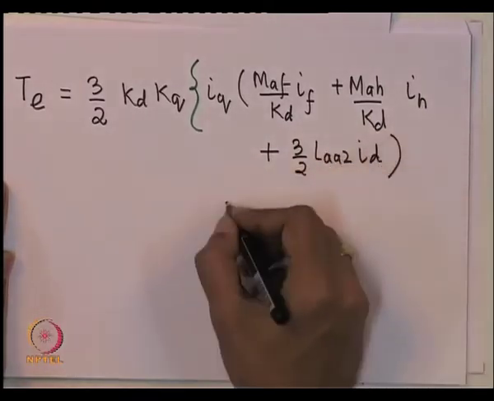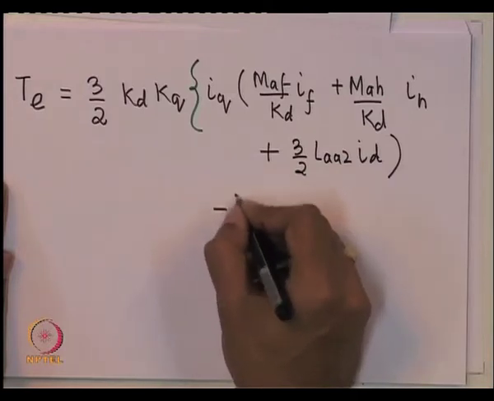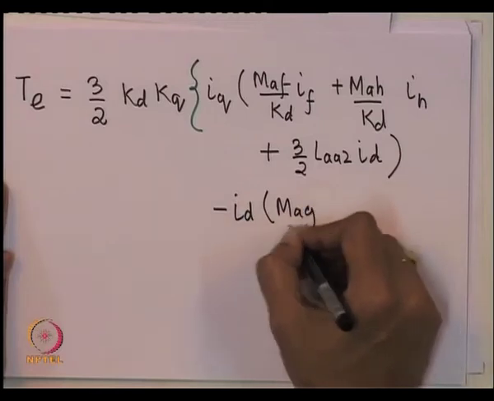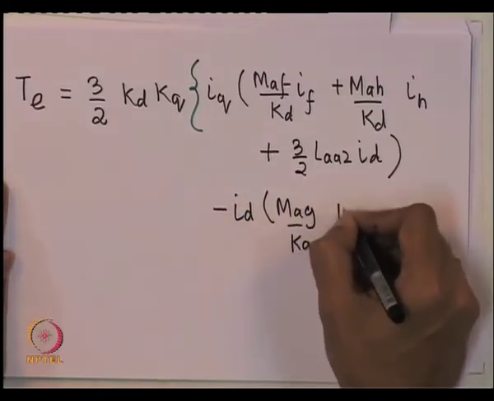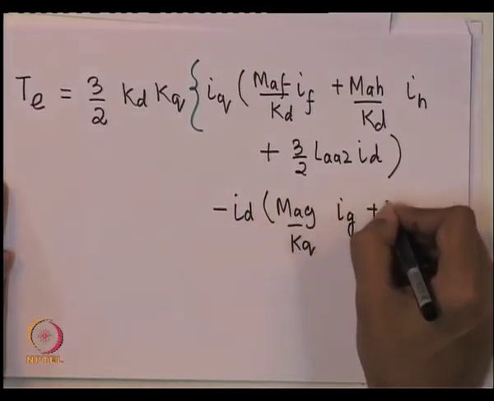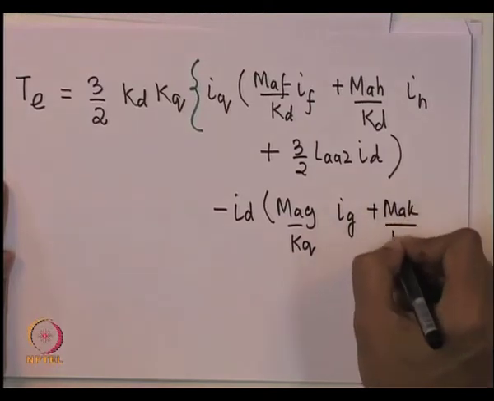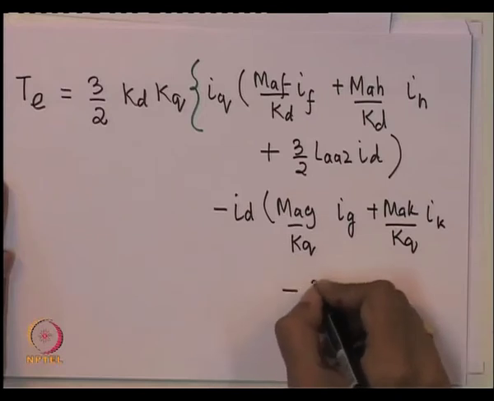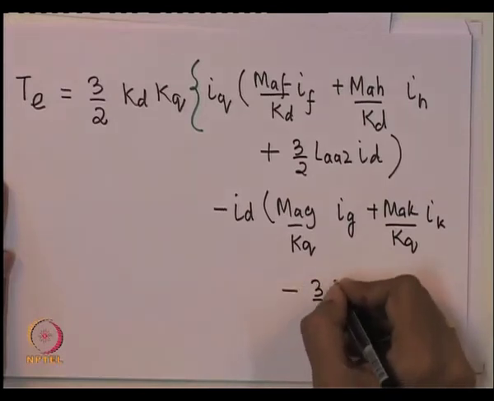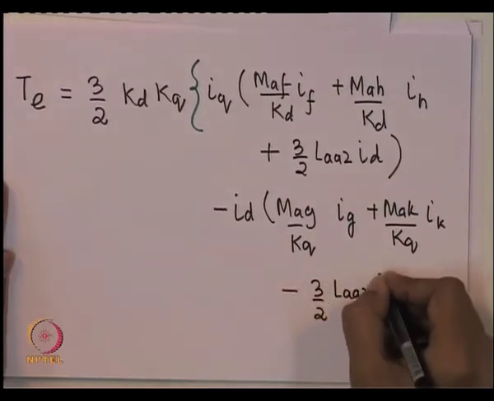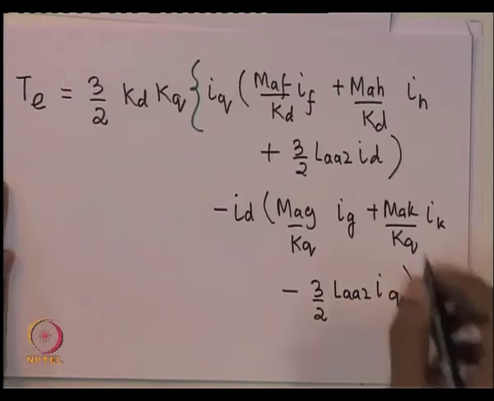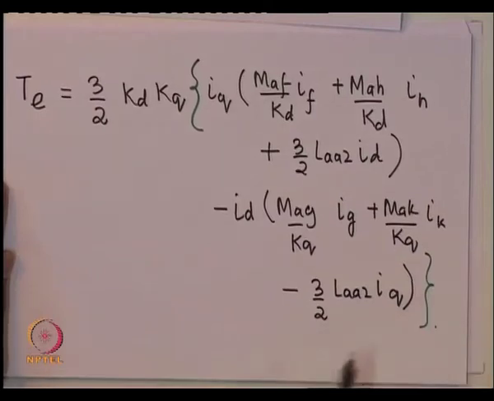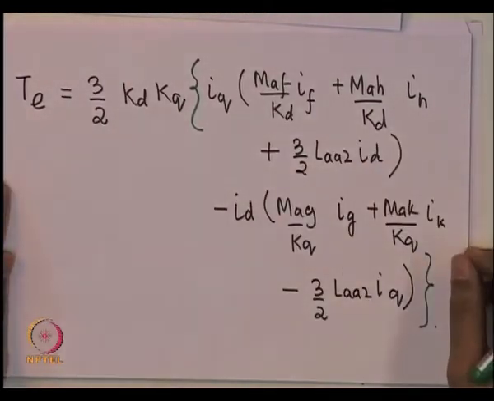So, I close this bracket, then continue, minus Id times MAG by KQ IG plus MAK by KQ IK, minus 3 by 2 times LAA2 Iq, close this bracket and close this curly bracket here. So, this is the expression for torque.